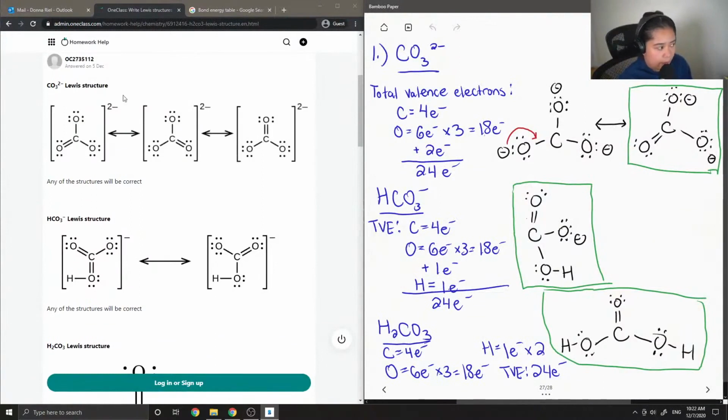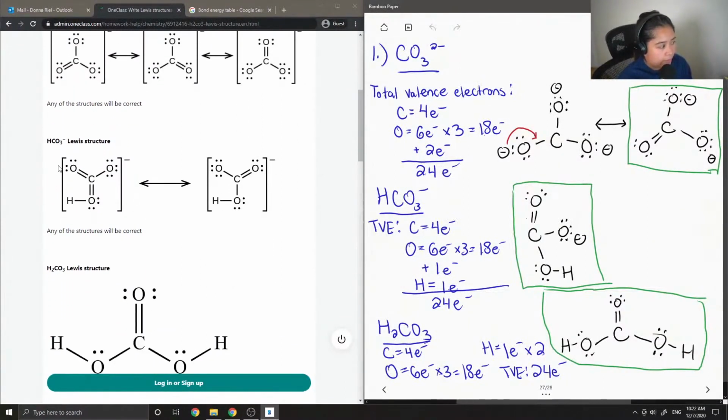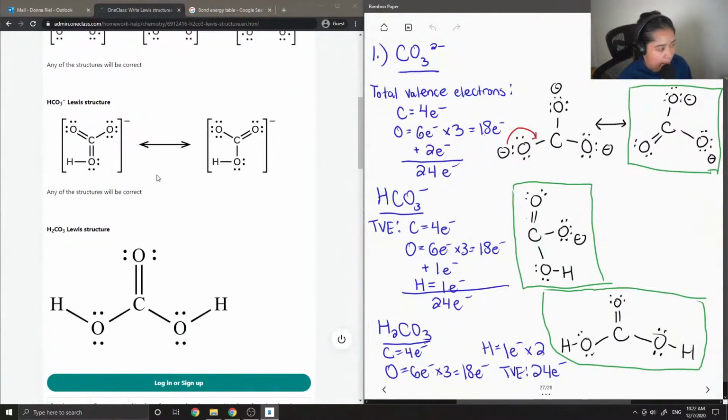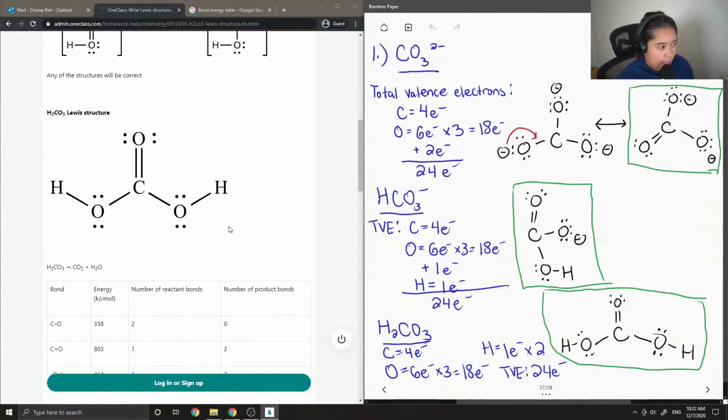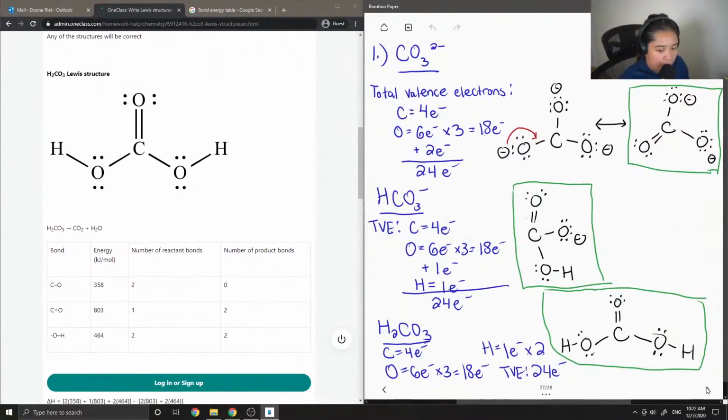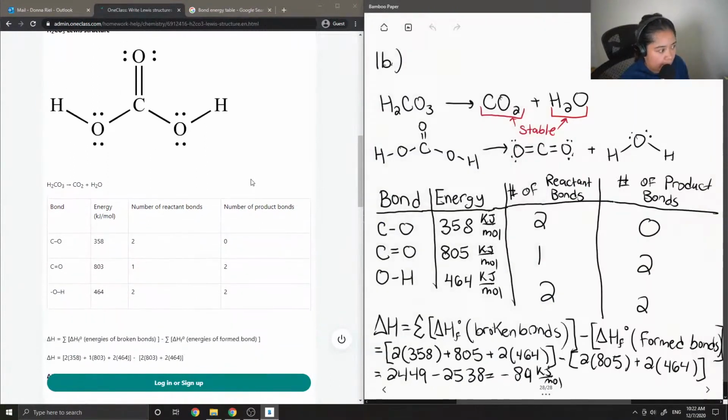So mine is the most similar to the first one that they drew. They have the bicarbonate ion. Yep, so any of these is correct. They have both the resonance structures. And then lastly, they have the Lewis structure for carbonic acid, which is the same as mine, so that is correct as well.